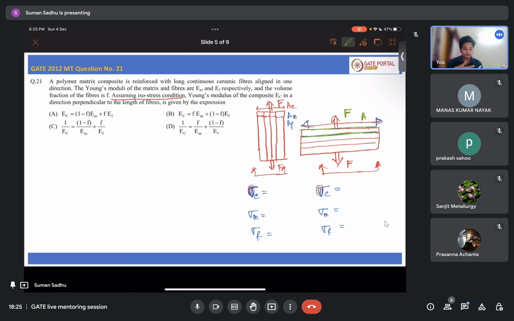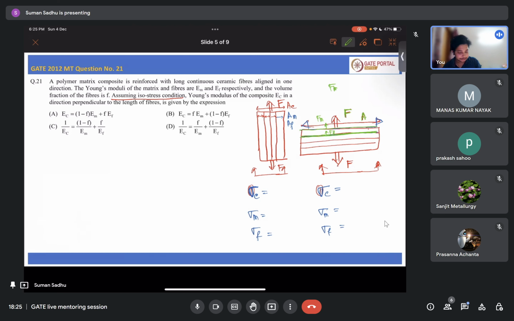Because if the force is different, let's say for the time being I am assuming this force f of m is applied on the matrix, and small f of f is applied on the fiber. Then if the force value is different, what will happen?